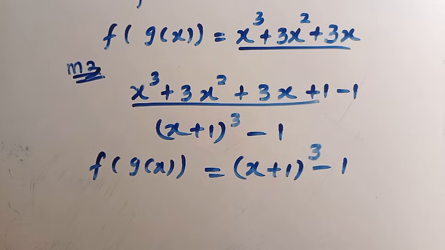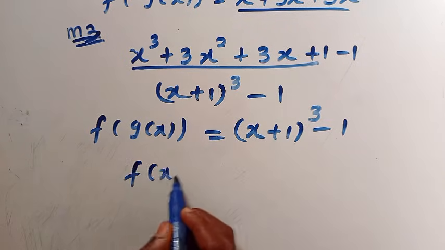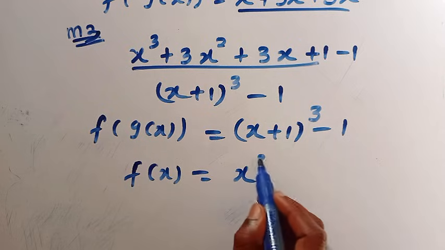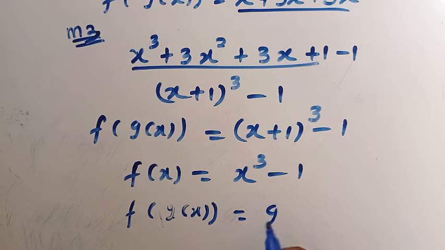In the next step, given that f of x equals x cubed minus 1, if I replace this x with g of x, we have f of g of x equals g of x raised to power 3, then minus 1.